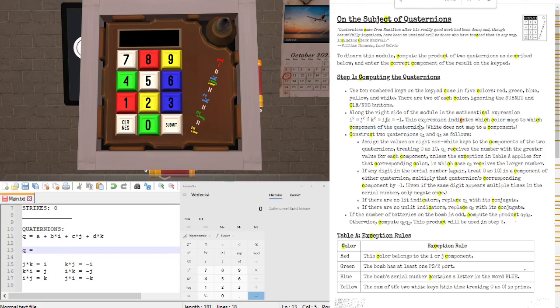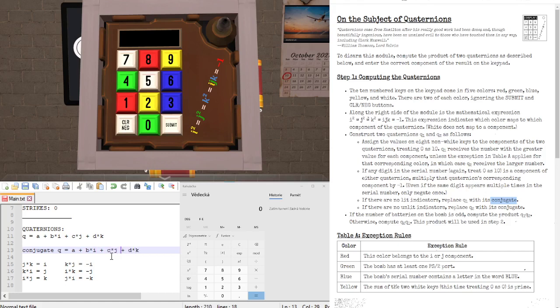So, it's actually in the manual. Okay, so the conjugate of Q is equal to Q, which is a plus, I could have just copied, whatever.